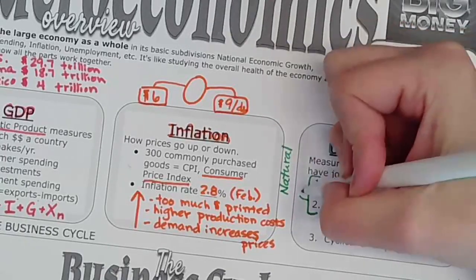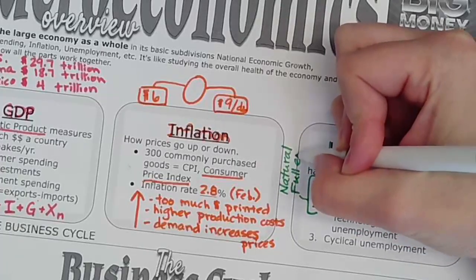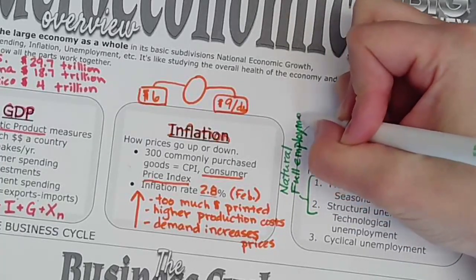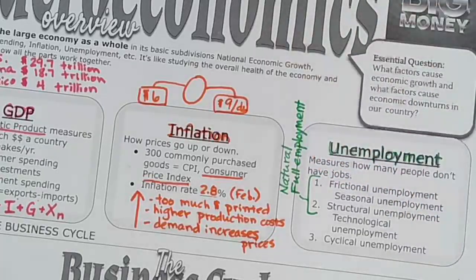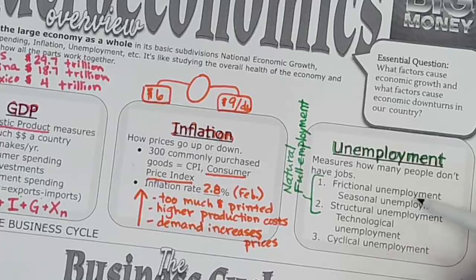This is also what we would call full employment. So even if these unemployment pieces are in place, that's okay, that's normal, and we still call it full employment.